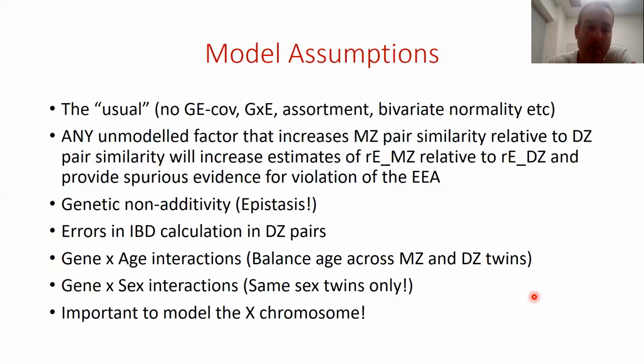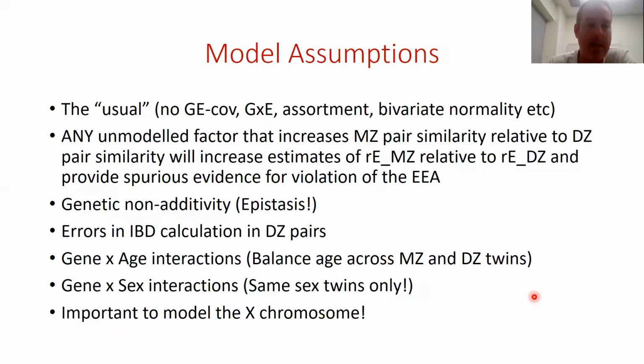But the single most important thing, I think, is that any unmodeled factor that increases MZ pair similarity relative to DZ pair similarity is going to produce spurious evidence for violation of the equal environments assumption. So in the case of dominance, we can model that. That's well and good. But there are other things that are much more difficult to model.